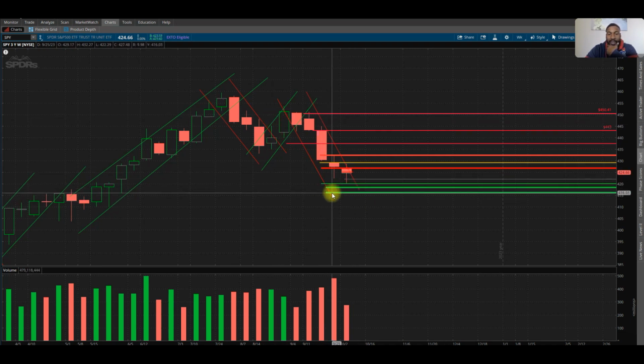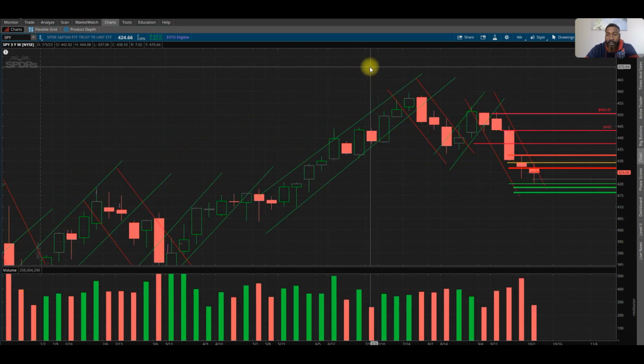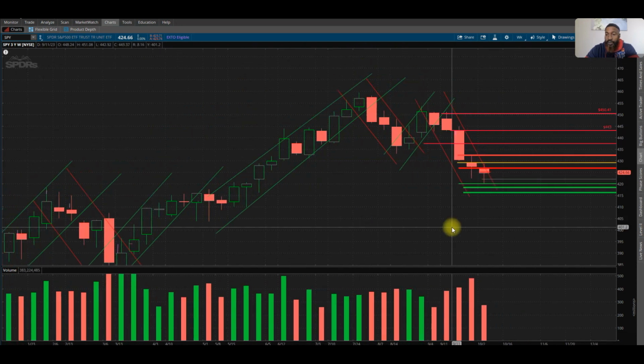What I do like is the fact that we are putting in these hammer candles. Yes, we had some upper wick on this one, but what I look forward to is trading above this. This would definitely let me know that I can start another potential uptrend.